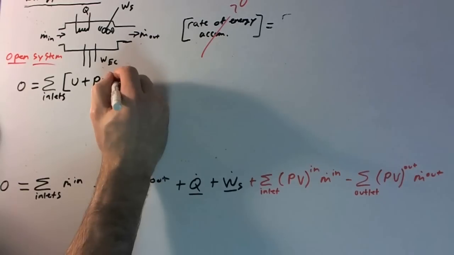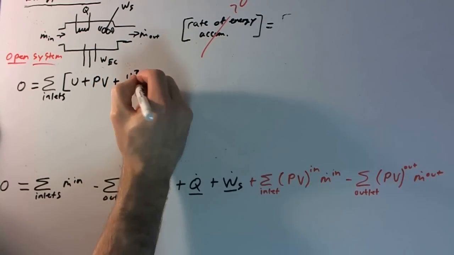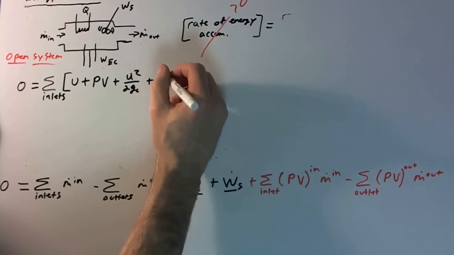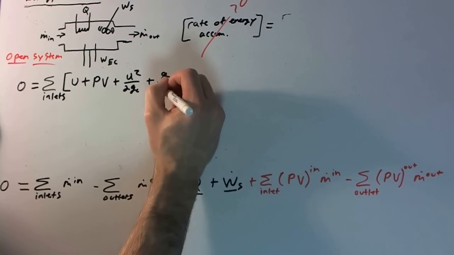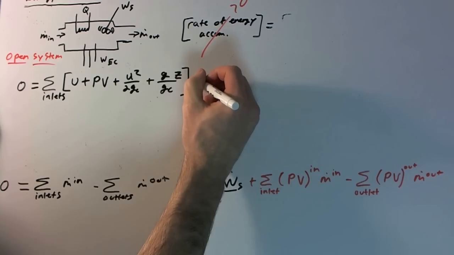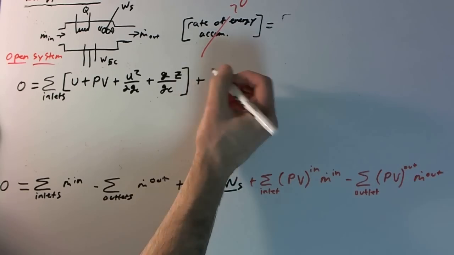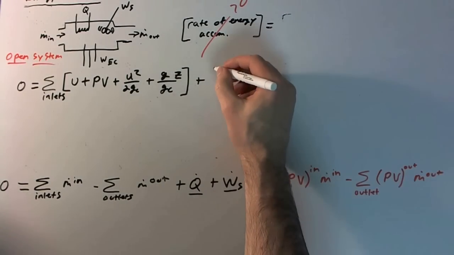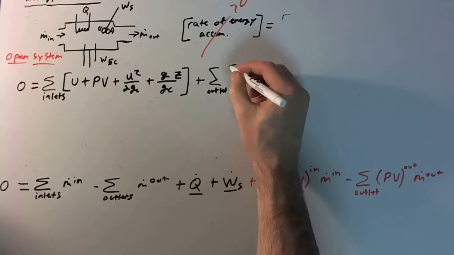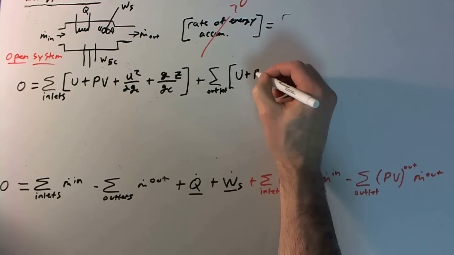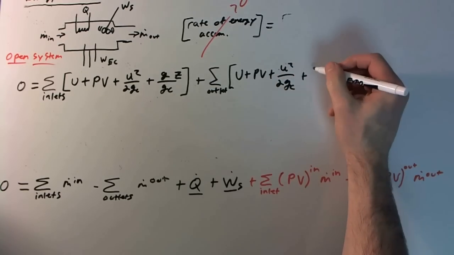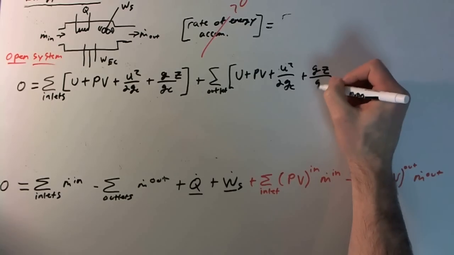Then plus the kinetic, U squared over 2 g sub c, and then plus the potential, which is g over g c times Z. And then obviously we have the outlets: U plus PV plus U squared over 2 g c plus the potential g Z over g c.